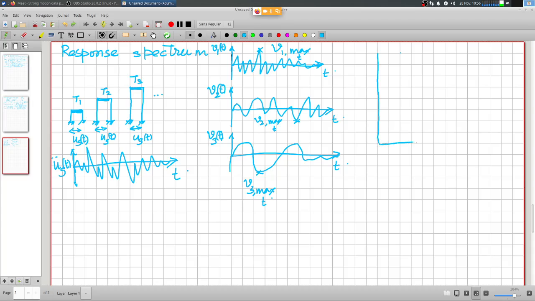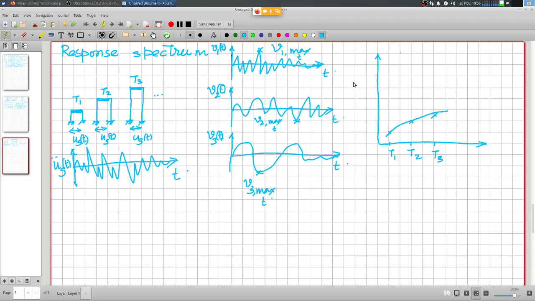Alternatively, I can find out what is the total acceleration, and I multiply with the mass and I get the force. So T1, T2, T3, some value, and I draw this curve.